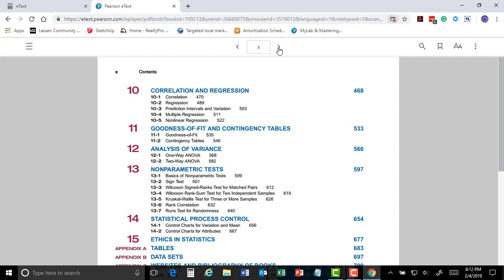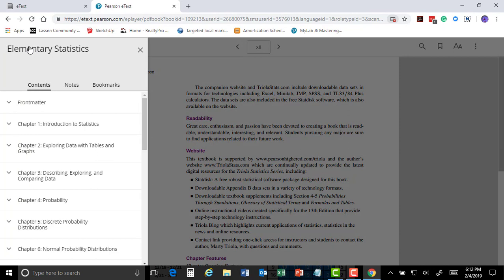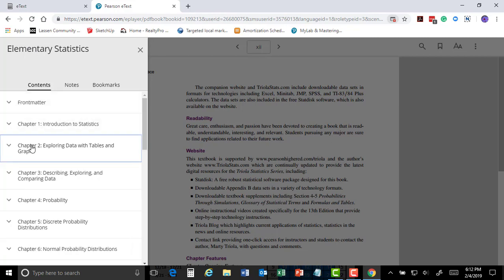Okay. So it's not too bad. Let's see. There must be a way to go ahead, isn't there? There we go. Well, this is cool. So we were talking about exploring the data. Does that work? Okay.